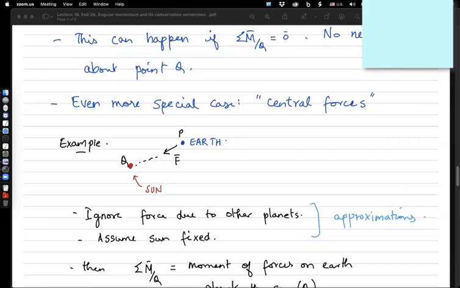But you have the Earth and you have the sun. And the sun exerts a force on the Earth. And let's say this force is called F. Well, officially, let me say there is something wrong with this free body diagram. What is it?